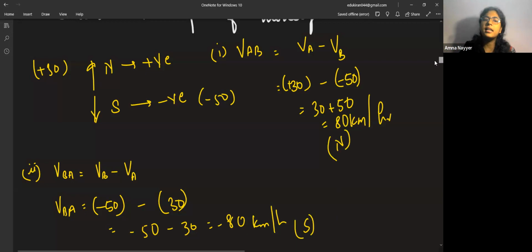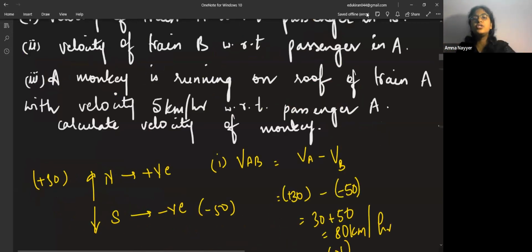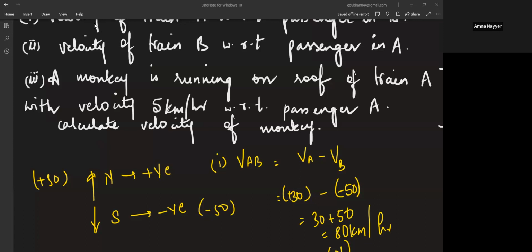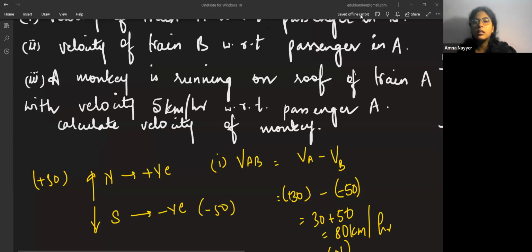So one more part is there in this. A monkey is running on the roof of train A with velocity 5 kilometer per hour with respect to passenger A. Now you have to find out the velocity of the monkey.